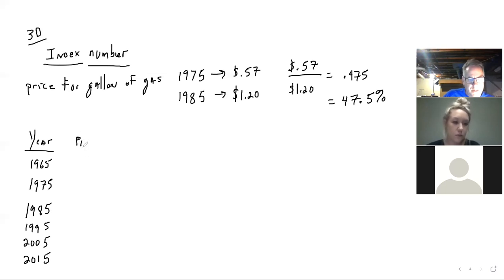Now down the second column, I'm going to put what the price was per gallon each year. So in 1965, it was 31 cents a gallon. 75, as we already know, it was 57 cents a gallon. 1985, we already know it was $1.20. 1995, it was $1.21.